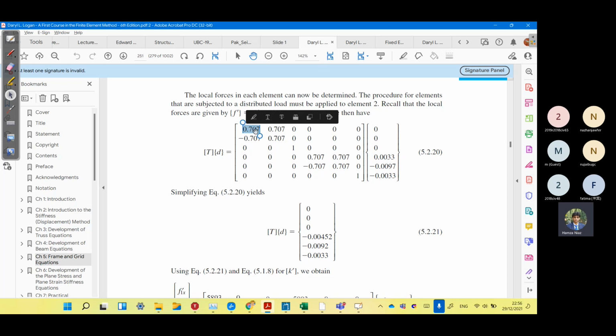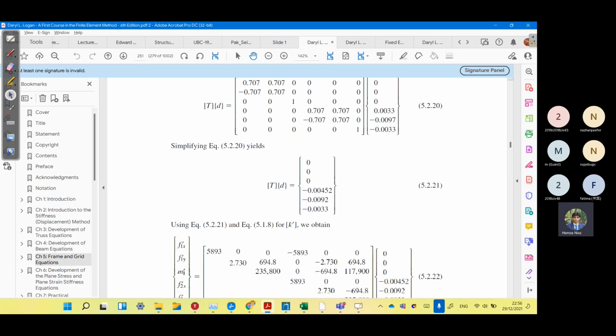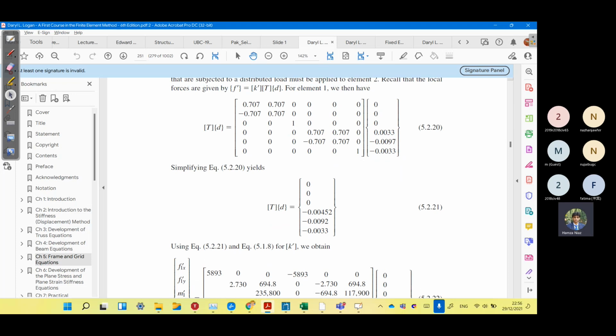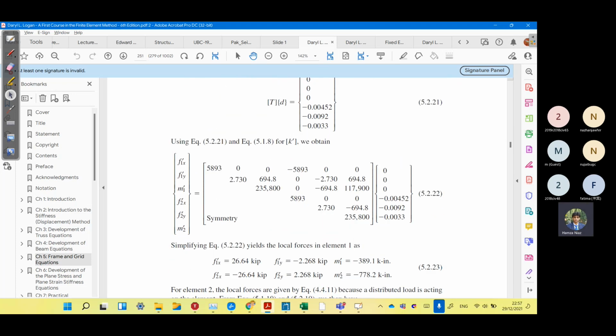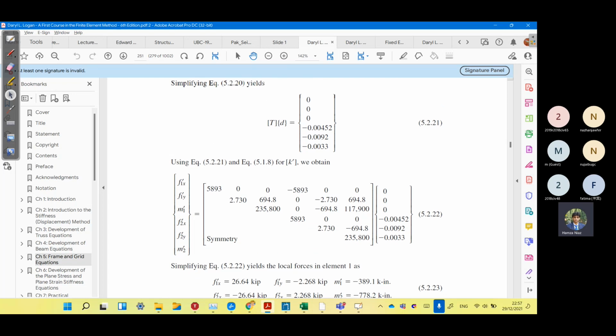We do not need to actually write this one here. We only need this 3 by 3 matrix. So we'll get these 3 displacements in the local coordinate system.